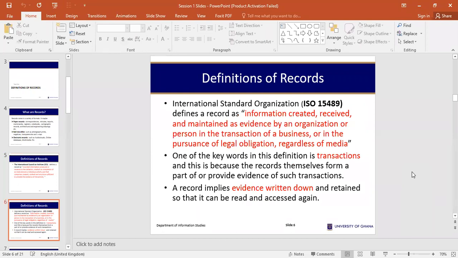The International Standards Organization, ISO 15489, defines a record as information created, received, and maintained as evidence by an organization or person in the transaction of a business or in the pursuance of legal obligation, regardless of media. So information that is created, received, and maintained as evidence of whatever transaction has taken place.